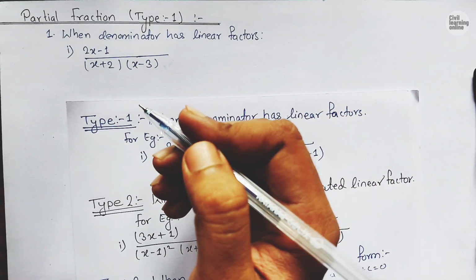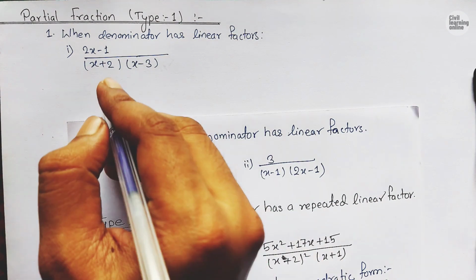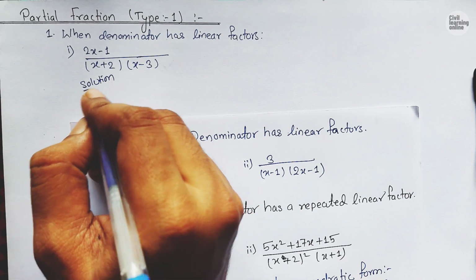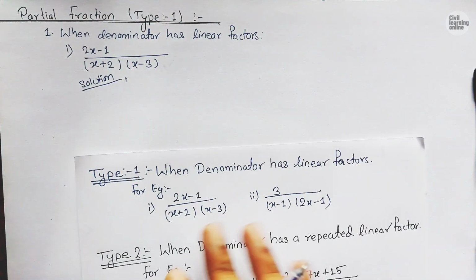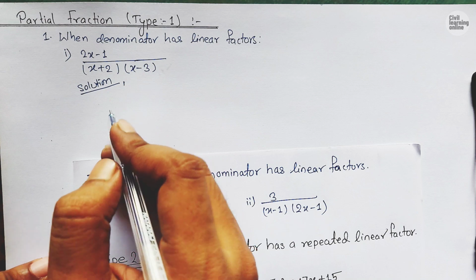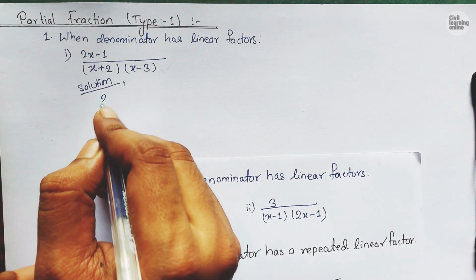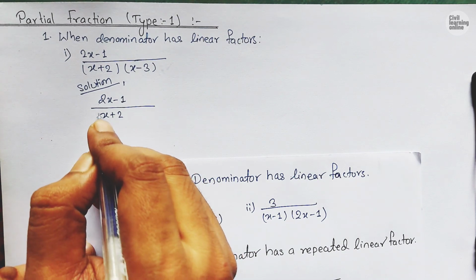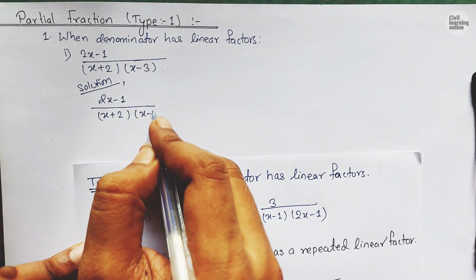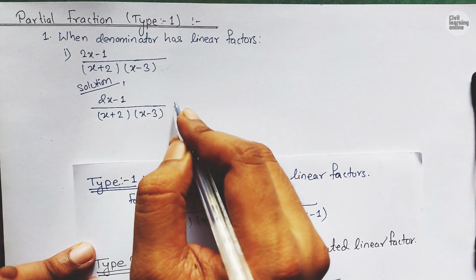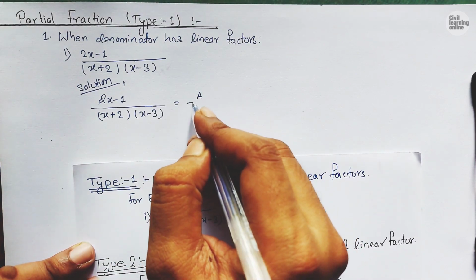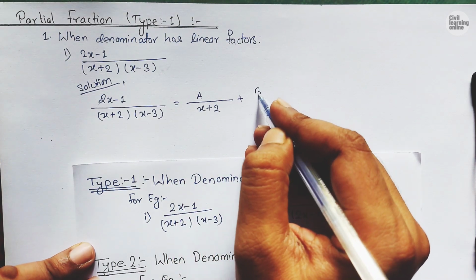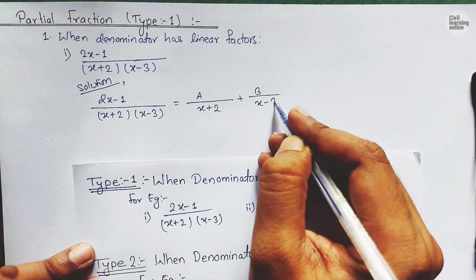In this type of question, first let us write the solution here. Step 1: we write 2x minus 1 upon x plus 2 times x minus 3 equal to a upon x plus 2 plus b upon x minus 3.